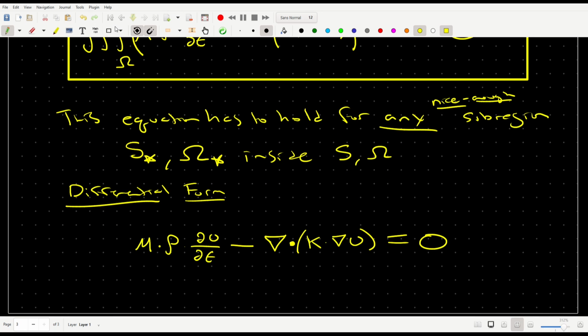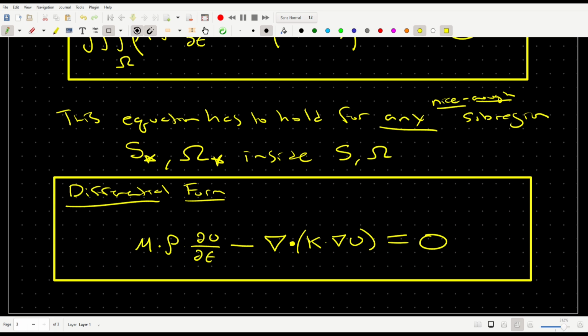This is sometimes called, like I said, the differential form of the heat equation. And there you have it.